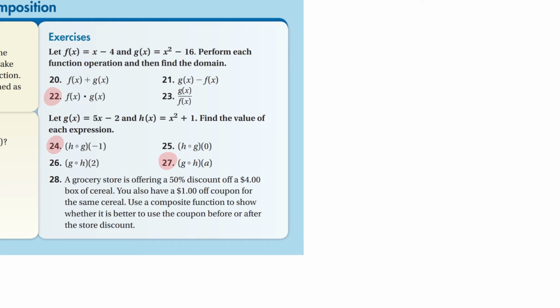So now we're going to do the next section. It says let g of x equals 5x minus 2. So g of x equals 5x minus 2. And then I'm going to go ahead and do 24.